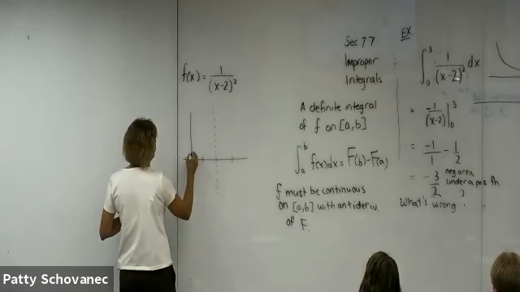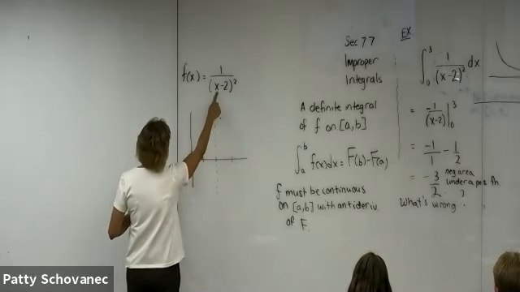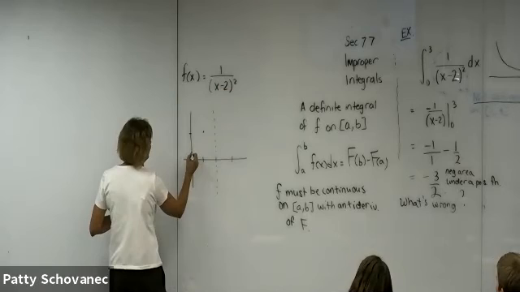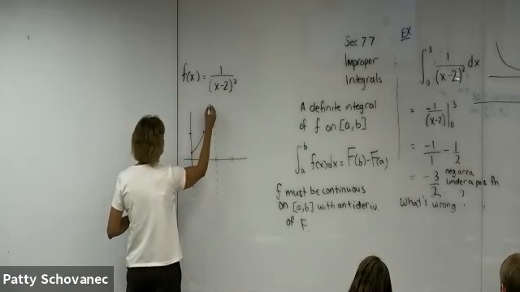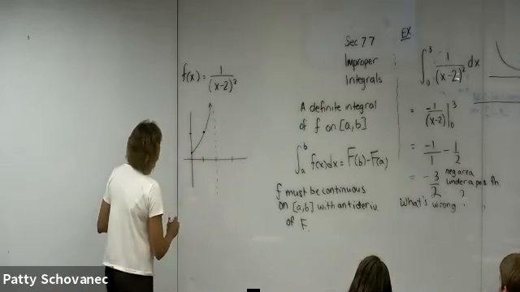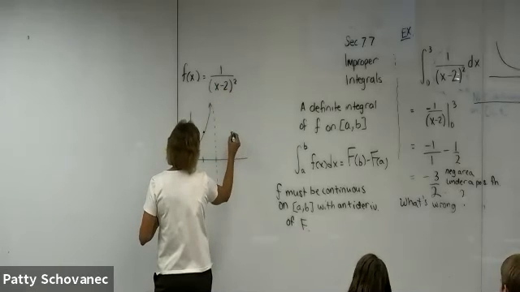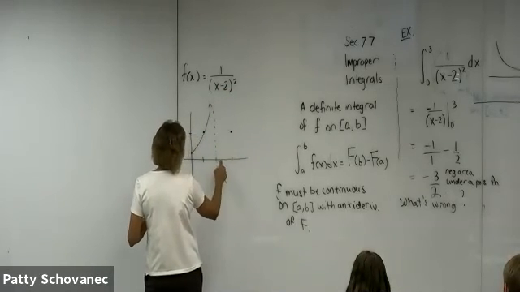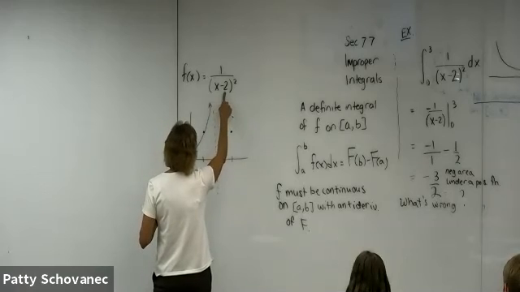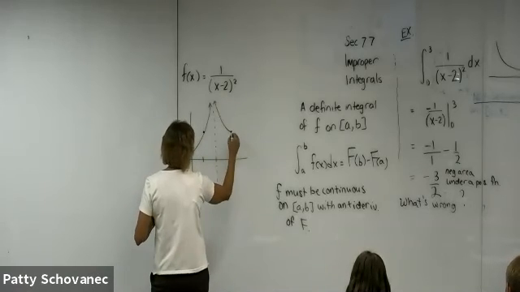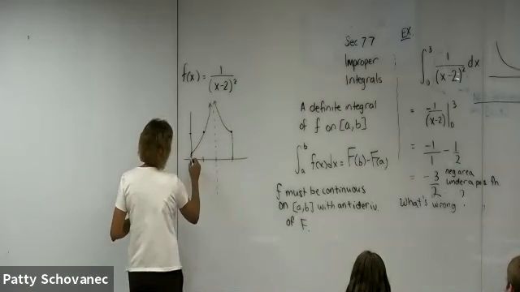When x is 1, I'm at 1. When x is 3, I'm at 1, right? And say when x is 2.5, I'm getting big. So we found that area to be a negative number.